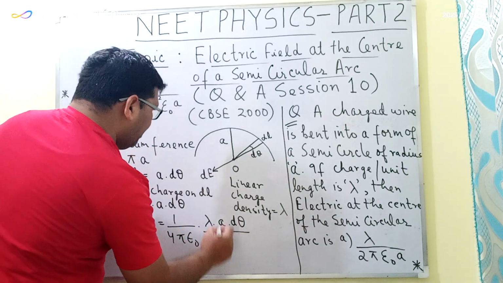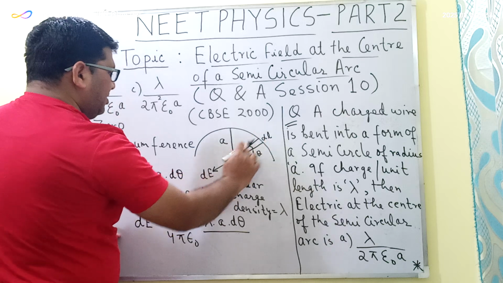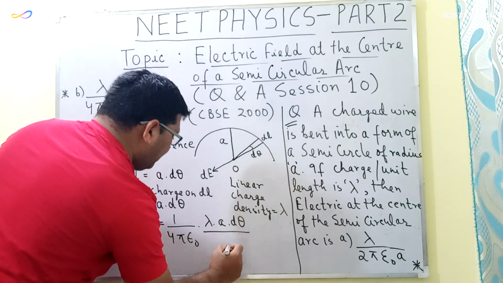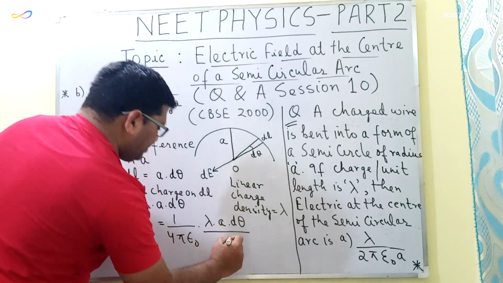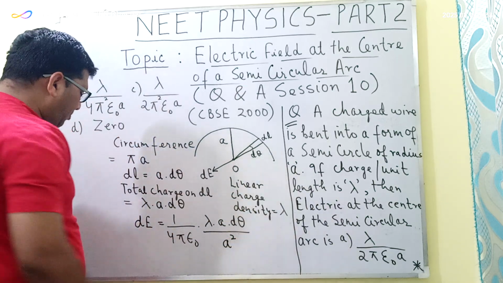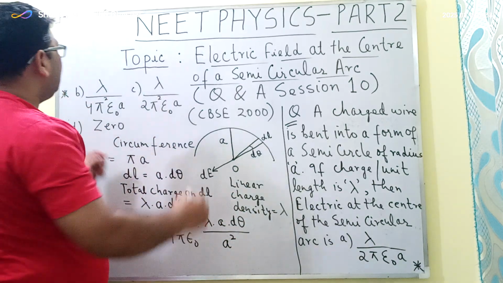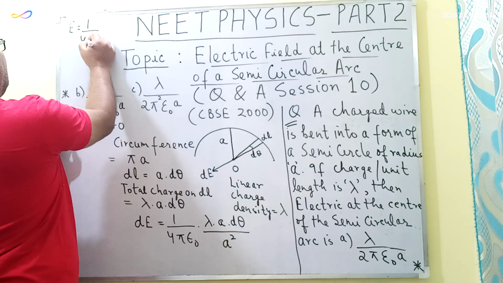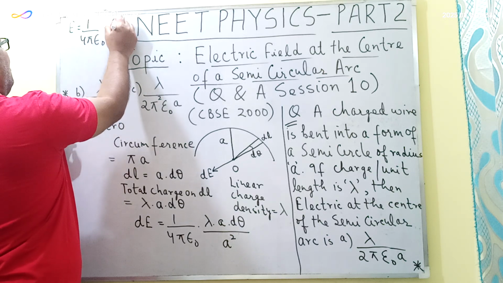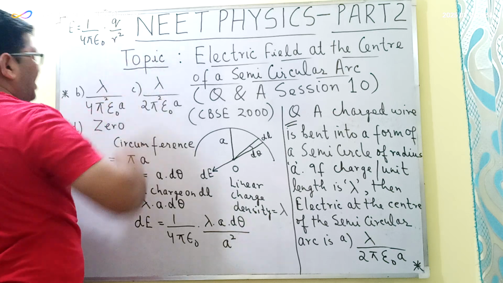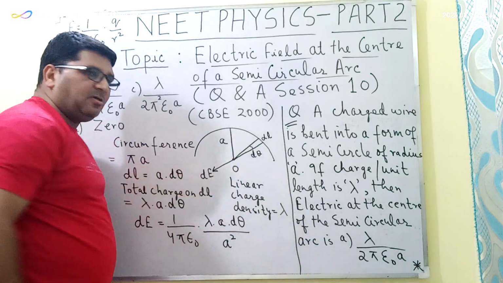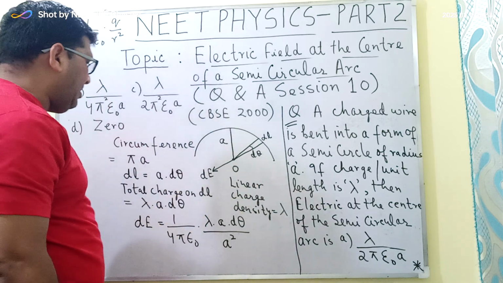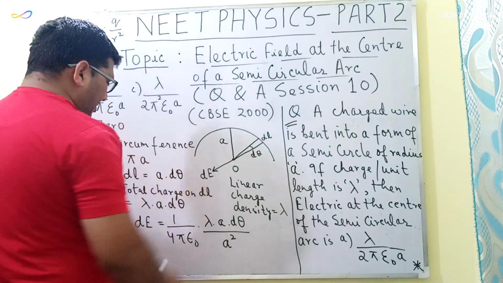divided by the distance squared, which is A square, because the formula for the intensity of the electrical field is 1 by 4 pi epsilon naught into q upon r square, where r is the distance of the charge from the point at which we have to find the value of the electrical field.